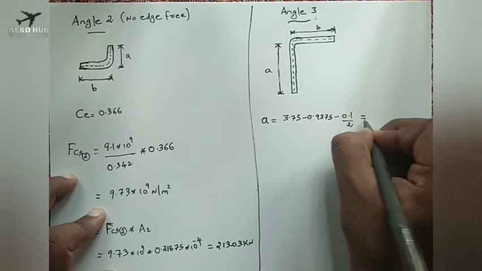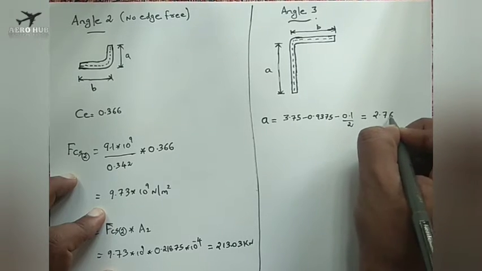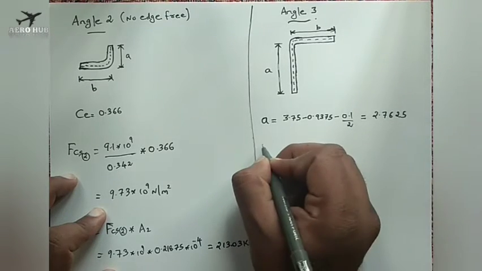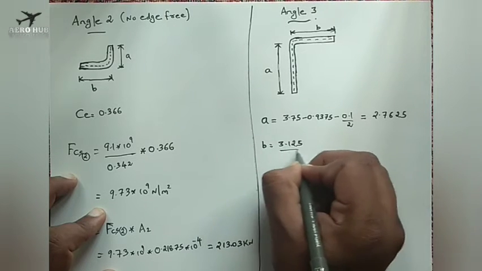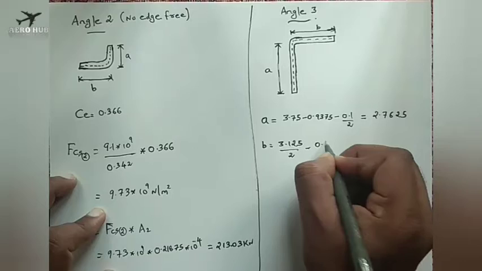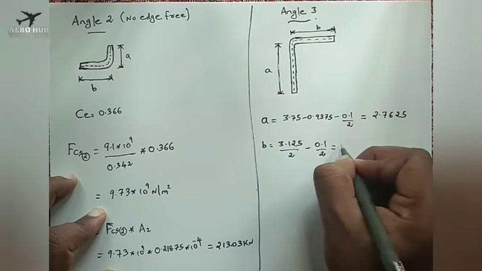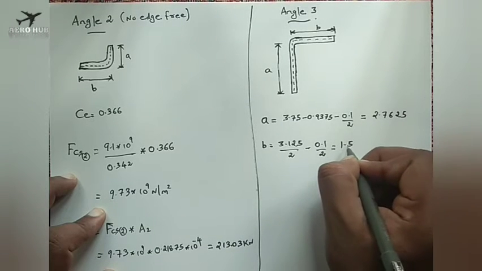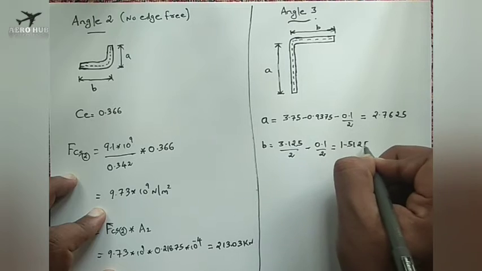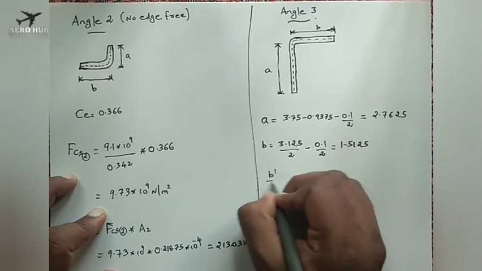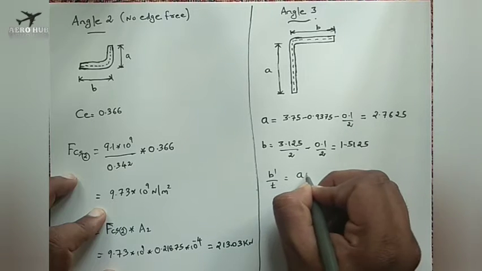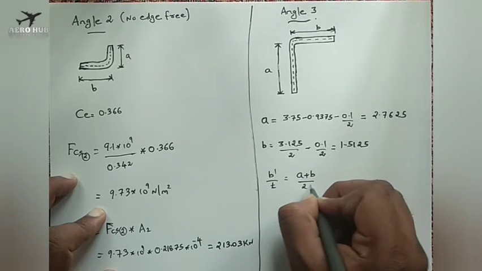So this gives 2.7625, and the value of B will be 3.125 divided by 2 minus 0.1 divided by 2. So this gives 1.5125. Okay. Now B dash by T is equal to A plus B by 2 times the thickness.